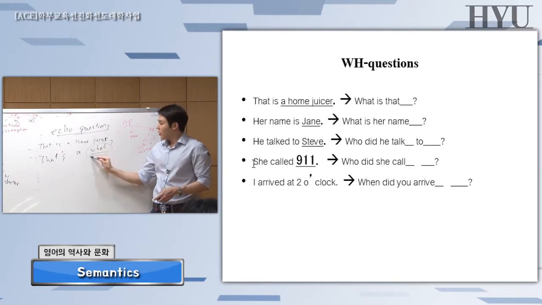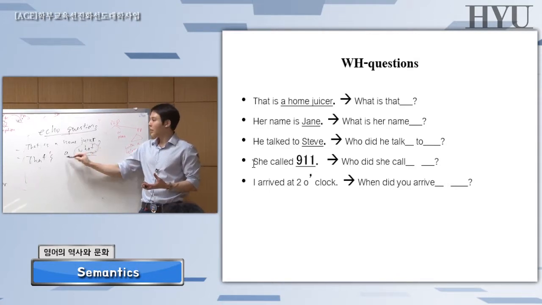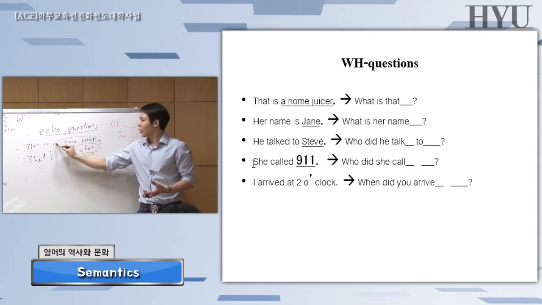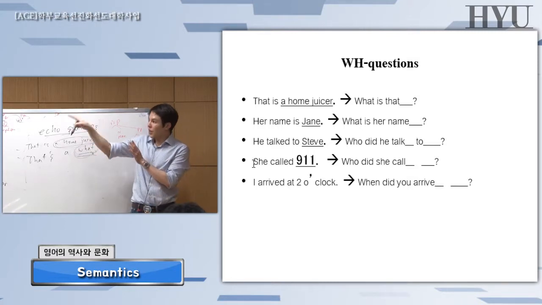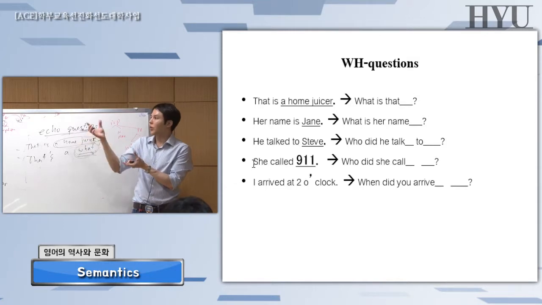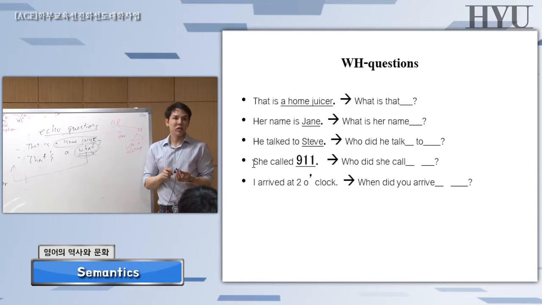So the echo question here tells us that what originally is here, right? "This is a what," replacing "a home juicer." So then when it becomes a proper question, "What's that?" it means that the word what has moved to the front, right?